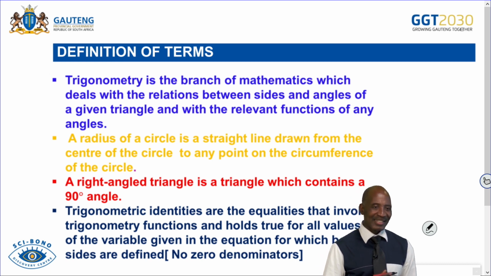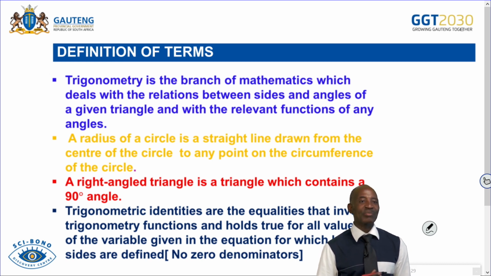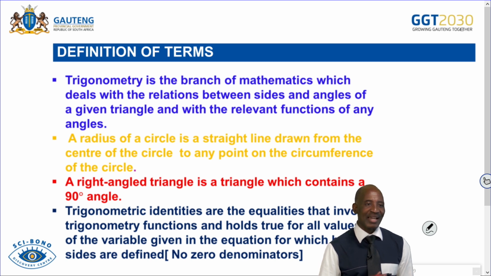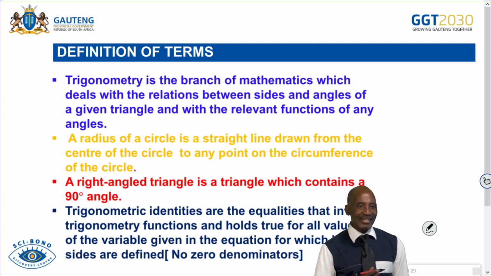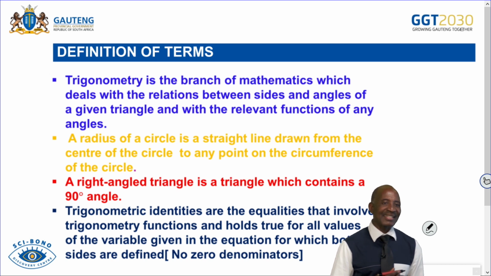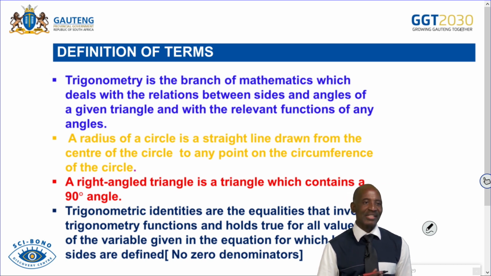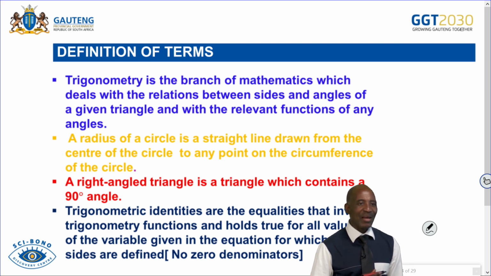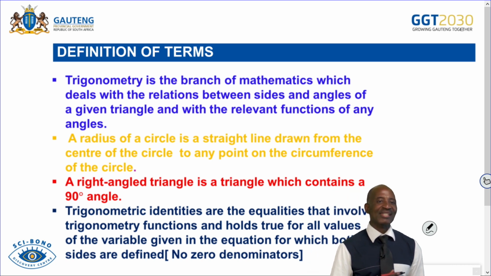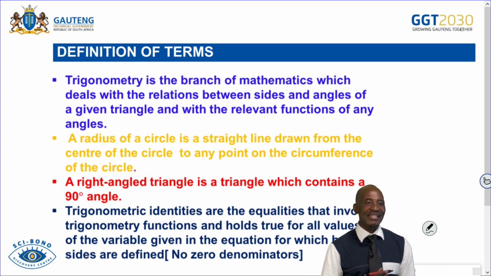Otherwise, the whole fraction will be invalid. It won't be defined whenever the denominator is zero. So there is a slight difference between identities and equations. We shall see later on how equations differ from identities, and why sometimes we write identities with an equal sign instead of an identity symbol.